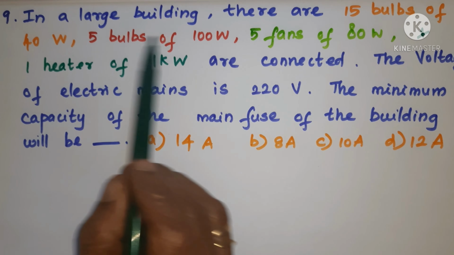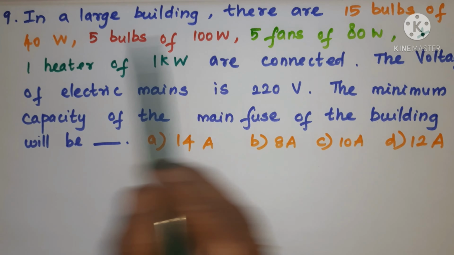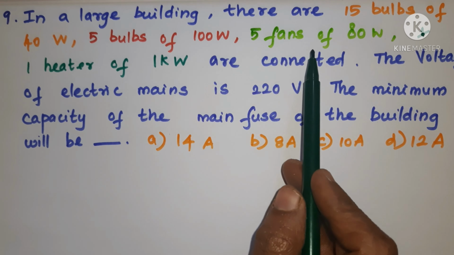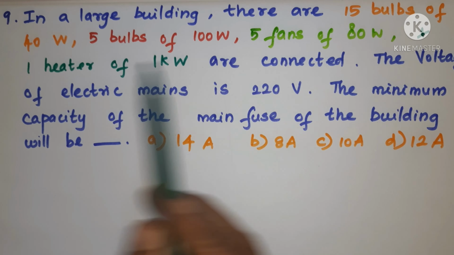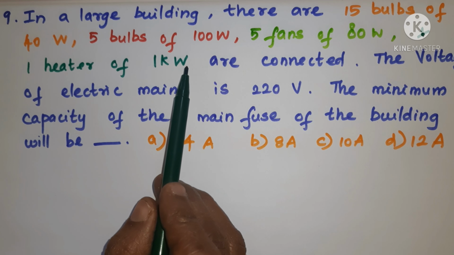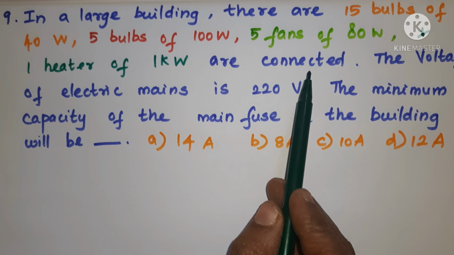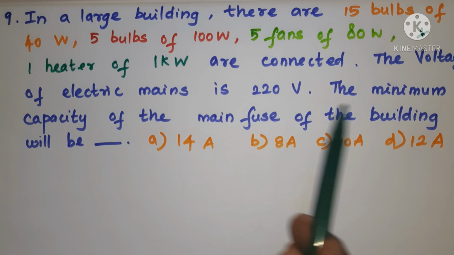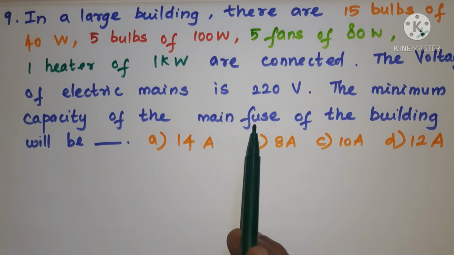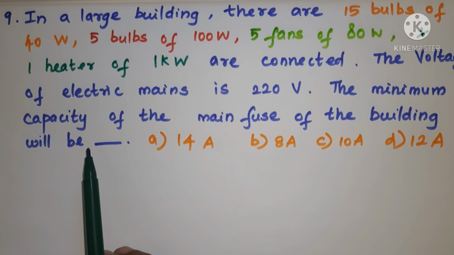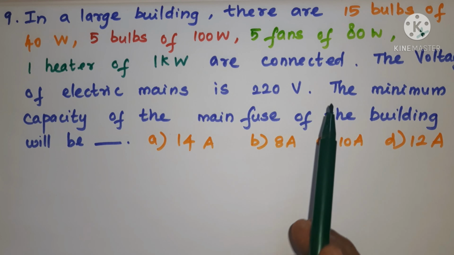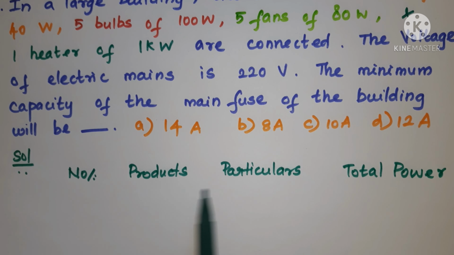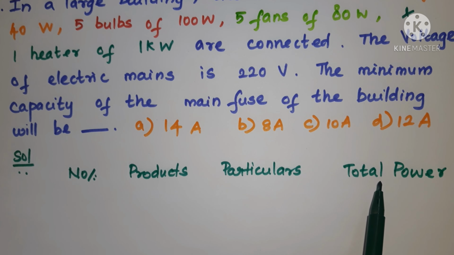Next one, in a large building, there are 15 bulbs of 40 watt, 5 bulbs of 100 watt, 5 fans of 80 watt, and 1 heater of 1 kilowatt connected. The voltage of electric mains is 220 volt. The minimum capacity of the main fuse of the building will be dash. It's asked there. The current is asked. The solution is, let me write like this, then only I could find the total power.